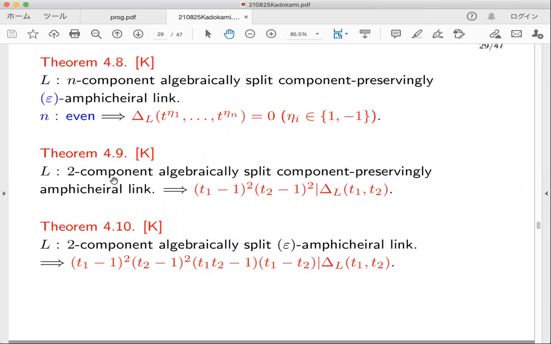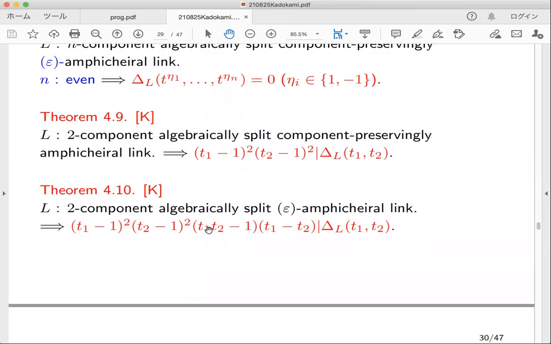Theorem 4.9. If L is a two-component algebraically split component preserving Amphicheiral link, then the two-variable Alexander polynomial of L is divisible by (t1 minus 1) squared and (t2 minus 1) squared.